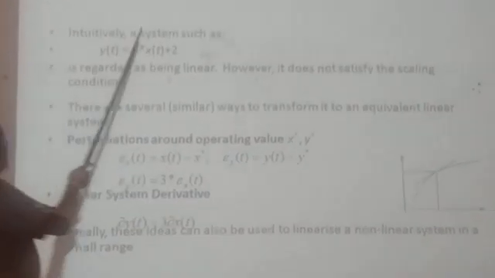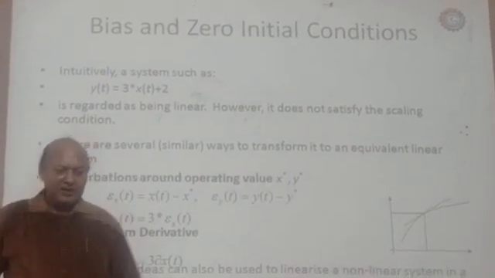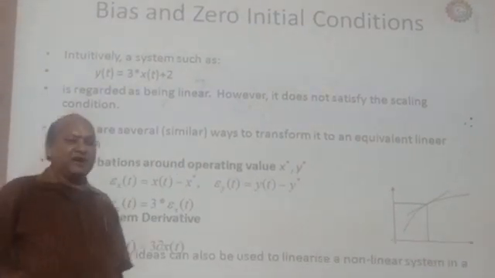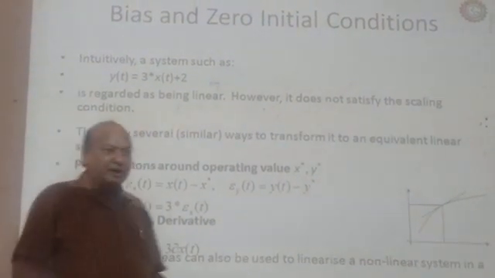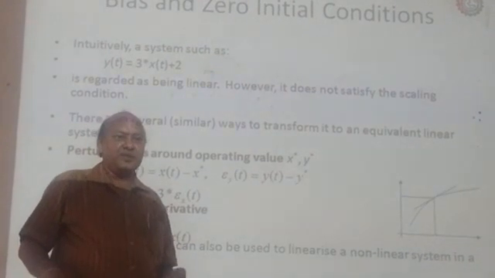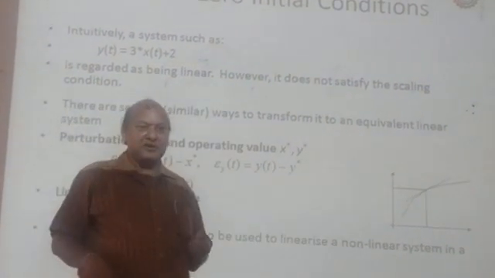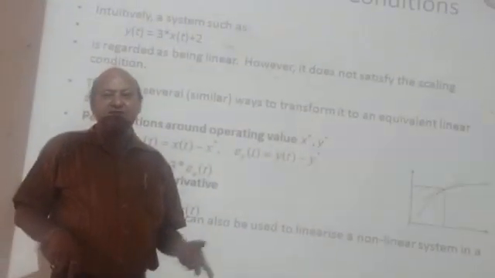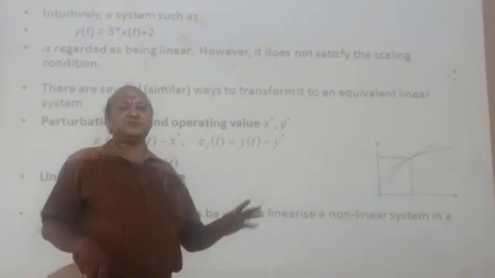Here, bias and zero initial condition. Already in electronic circuits and electrical circuits, we know what the initial condition and the zero initial condition are. At the charging of a capacitor, we write the equation for the charging of the capacitor. We may consider initially the capacitor is discharged.